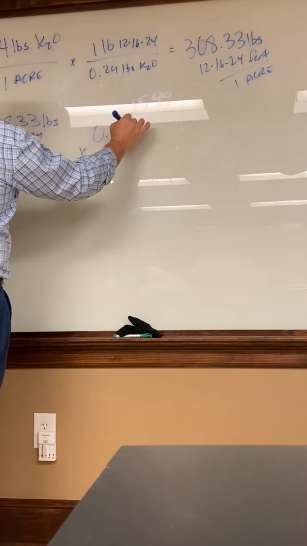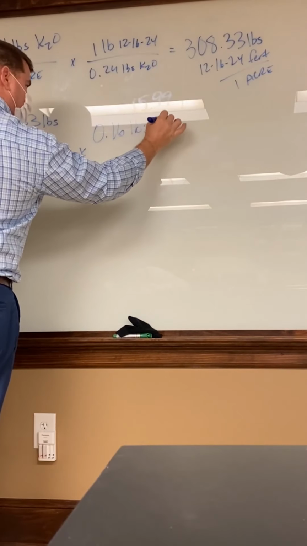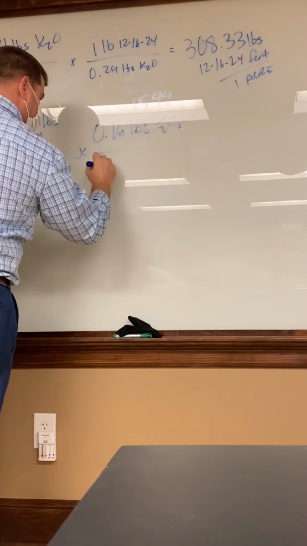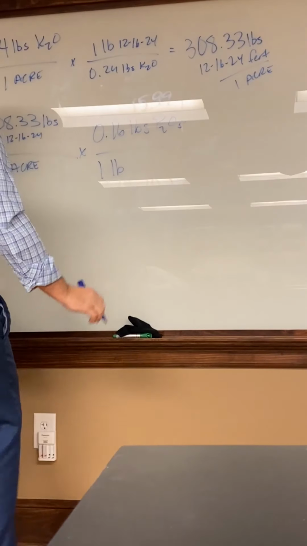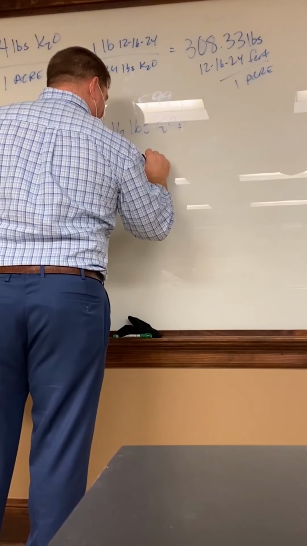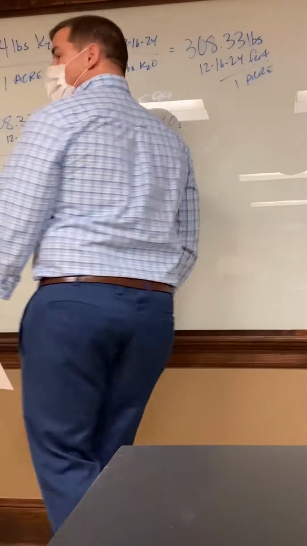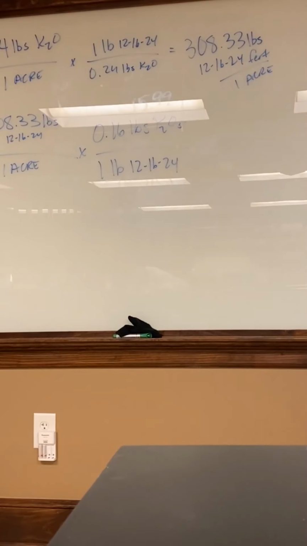There are 0.16 pounds of P2O5 in 1 pound of 12-16-24. There's a typo on that. In case you want to change it, it's 14. Yeah, okay, I will.